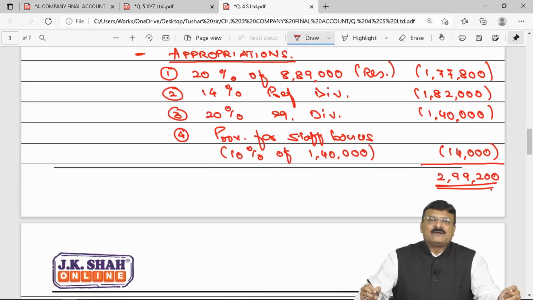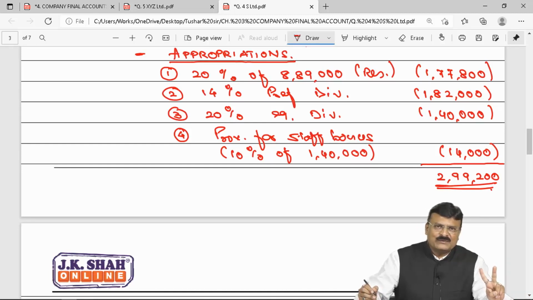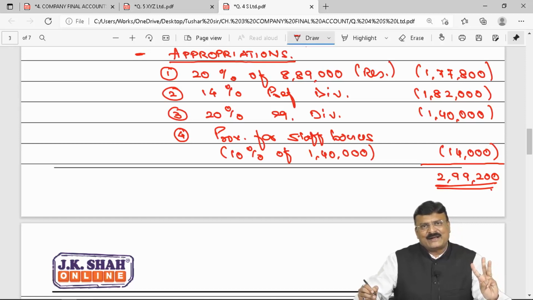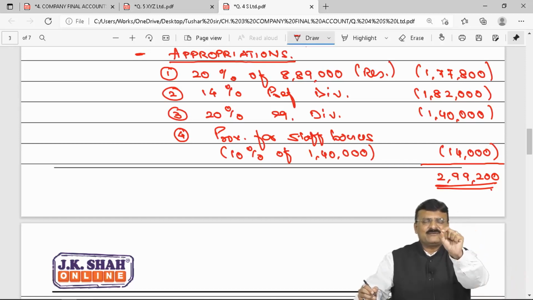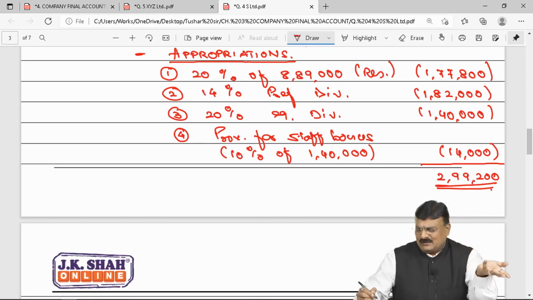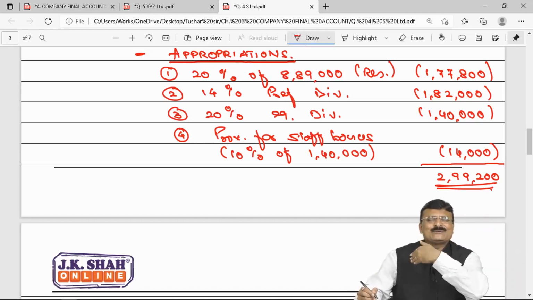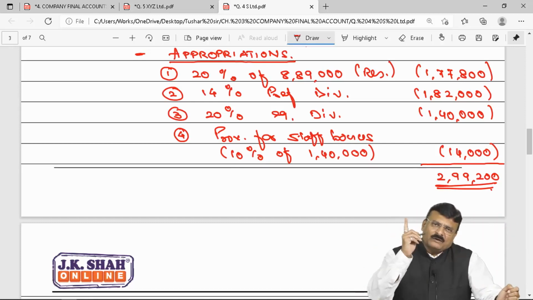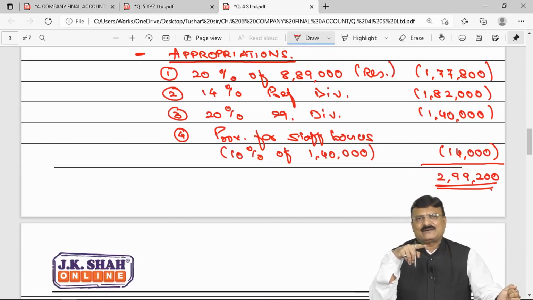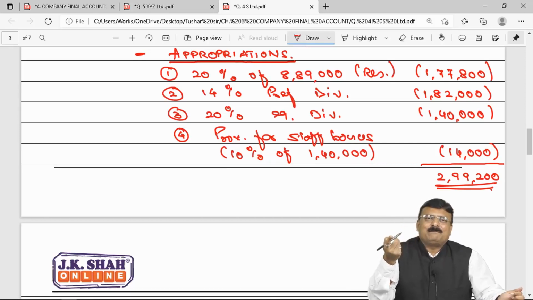This 299,200 should be distributed 1/3 to preference shareholders, 2/3 to equity shareholders, and 10% of 2/3 to staff bonus. That is where students make mistakes. They find it very easy: okay sir, 299,200, 1/3 and 2/3. No, because whatever 2/3 you give to equity shareholders, you have to pay 10% of that to staff bonus.